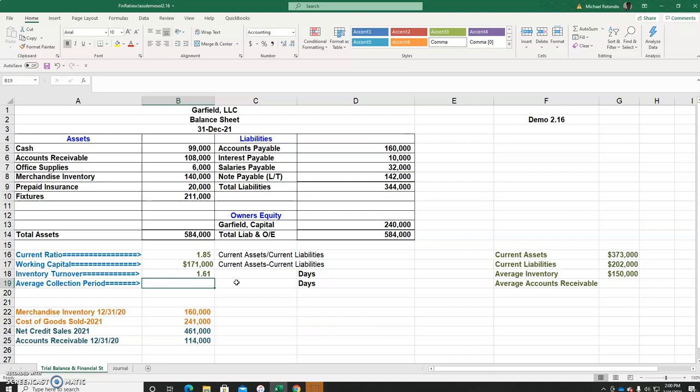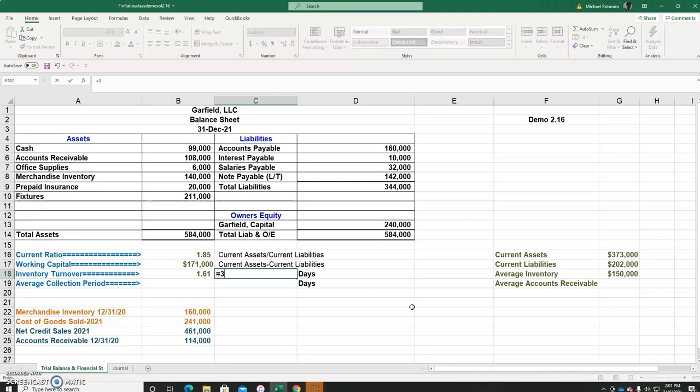Now, is this normal for this company or for this industry? We don't know. But we can calculate the days it's taking to turn over their inventory. In other words, sell the inventory they purchased and then start a new inventory. So we would take 365 and divide that by 1.61, and that will give us 227 days.